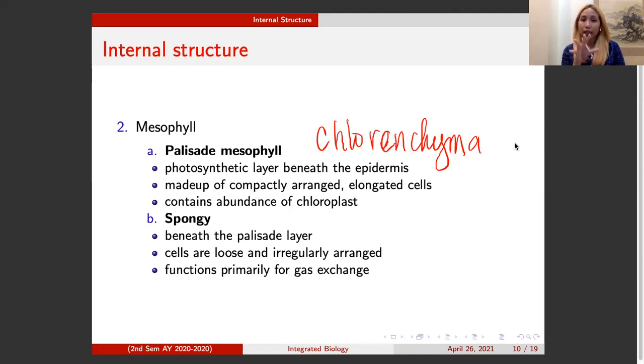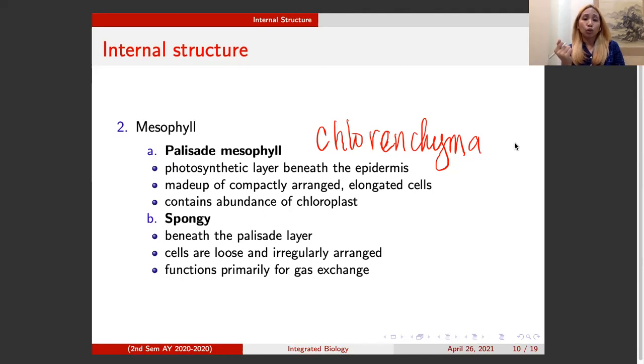And despite the fact that the cells of the spongy mesophyll also contain chloroplast, that of course contains chlorophyll, photosynthesis is not the main function of this tissue, because the large air spaces from the irregularly arranged cells provide for big air spaces in the area, and so the main function of this particular tissue now becomes gas exchange.